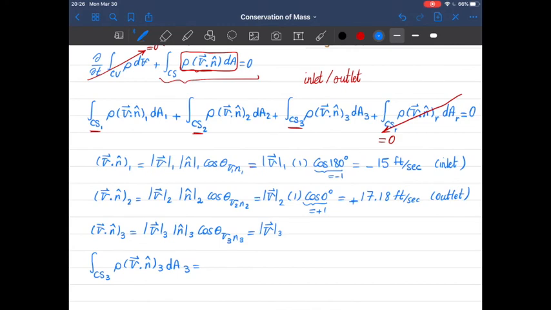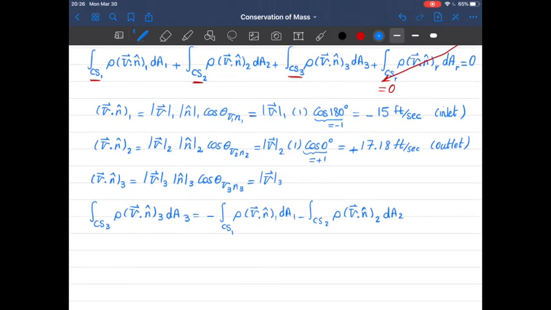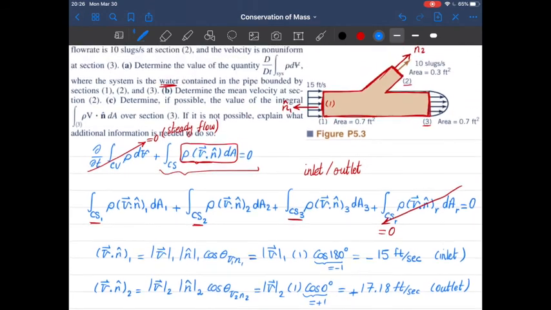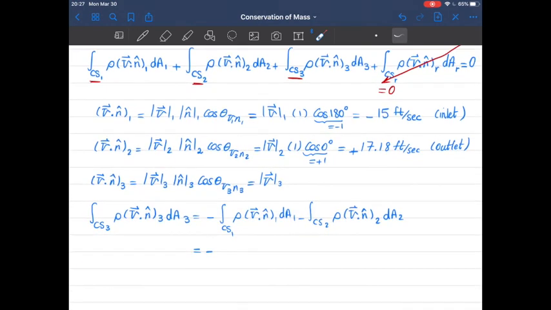So this will be equal to minus the integral on control surface 1 of rho v dot n1 dA1, minus the integral on control surface 2 of rho v dot n2 dA2. From here, on surface number 1, the area is constant and is given as 0.7 square feet.